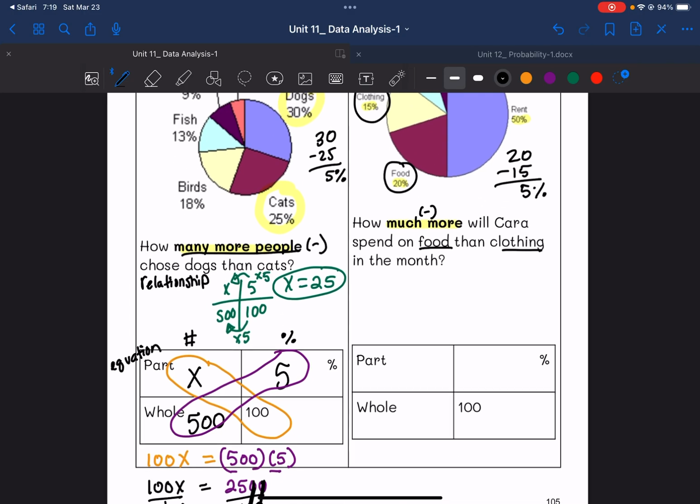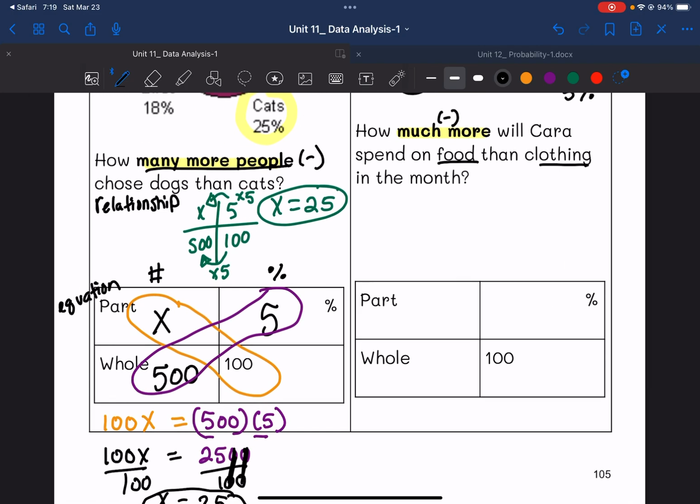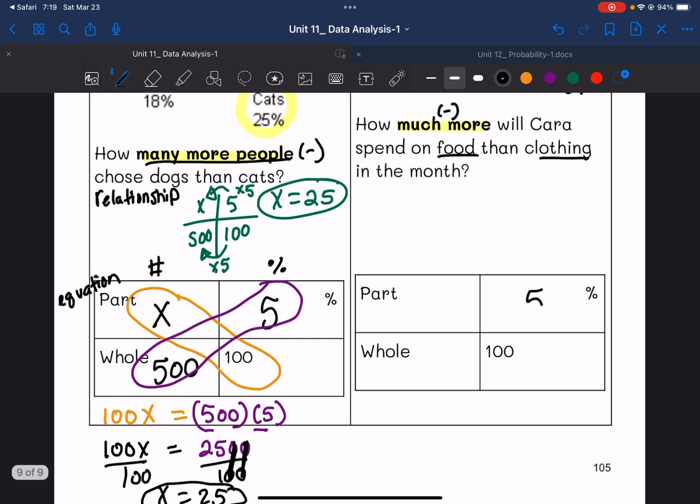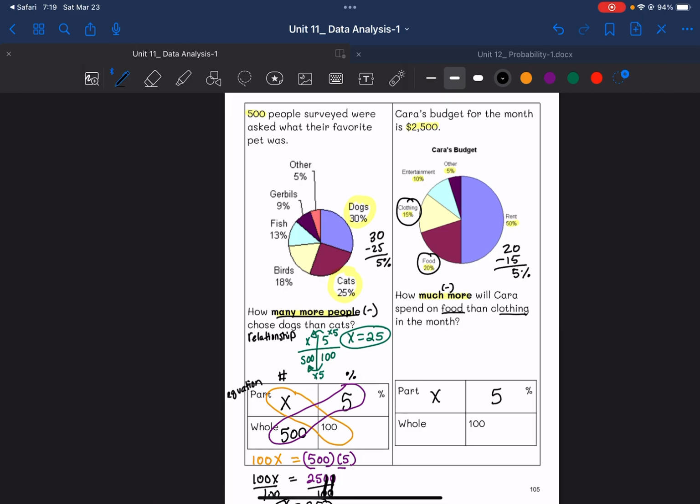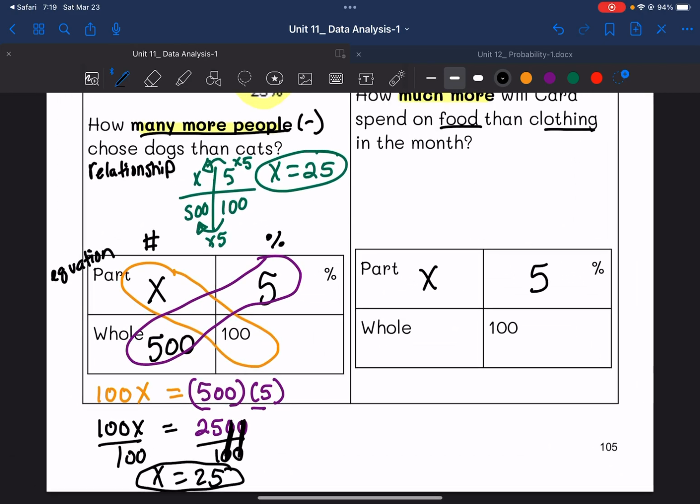Okay, all right, so we're going to put this into our proportion box down here, 5% out of 100. And the part we don't know, we're trying to find that out. The whole is going to be 2,500 because that's how much money her budget is, okay? All right, now here you can cross multiply or you can find the relationship.